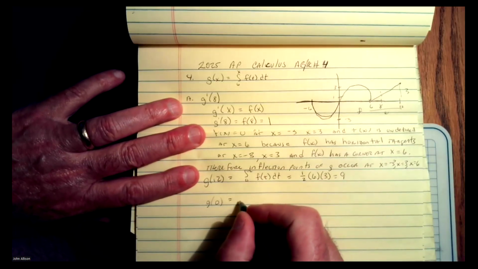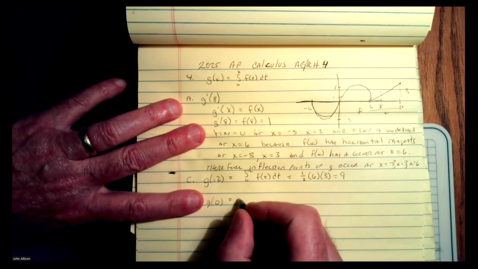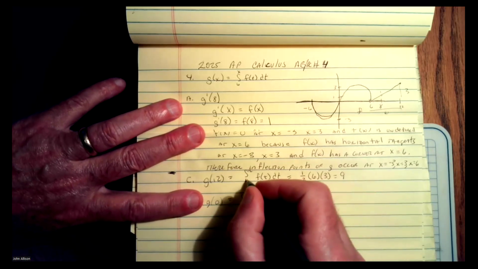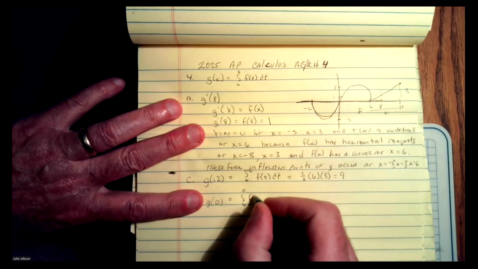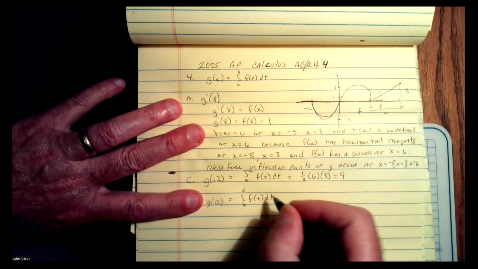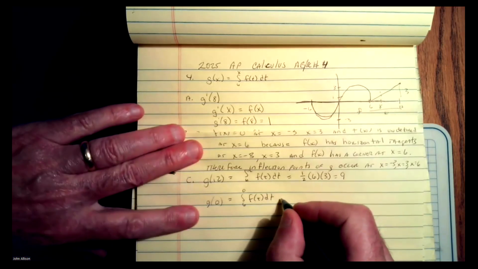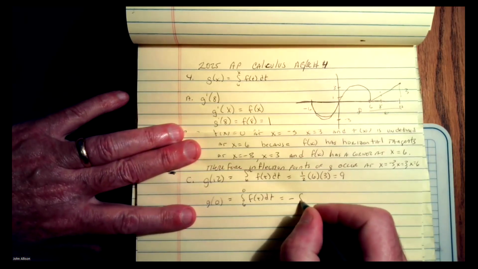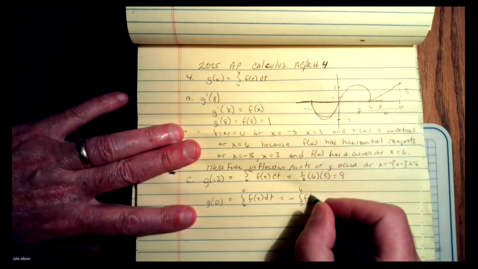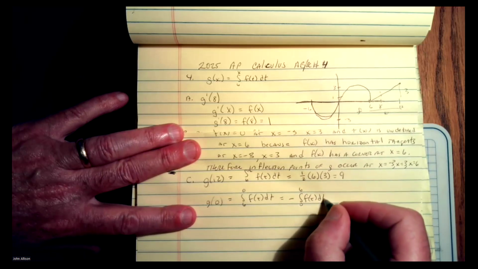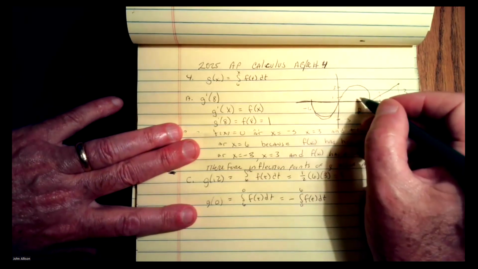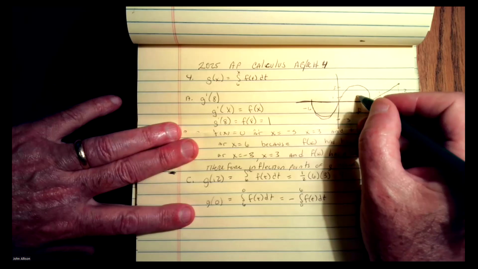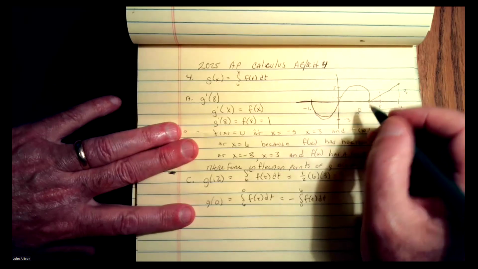G of 0, this one, we're going to go on the integral. What's this 6? Be clear about that. From 6 to 0 of f of t dt, and that's going to equal negative integral from 0 to 6 of f of t dt. And since this is a semicircle, that's 1/2 of a circle with radius 3.